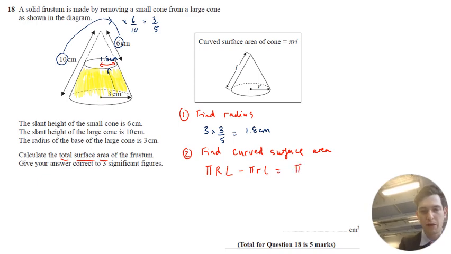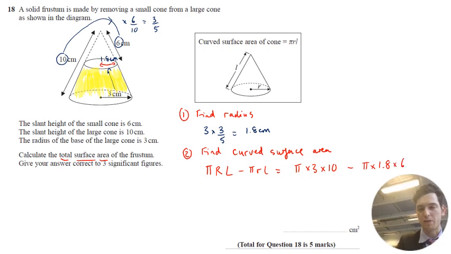The radius of the big cone is 3, the length of the big cone is 10, and in the smaller cone, the radius was 1.8, I found that, and the length was 6. And if you put that into your calculator, you get 19.2 pi. You could also have that as a decimal.